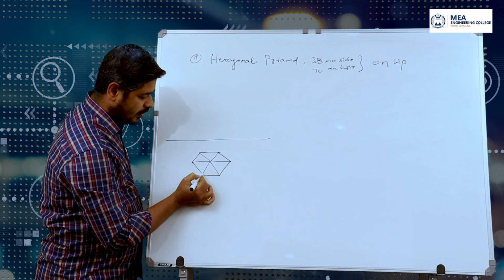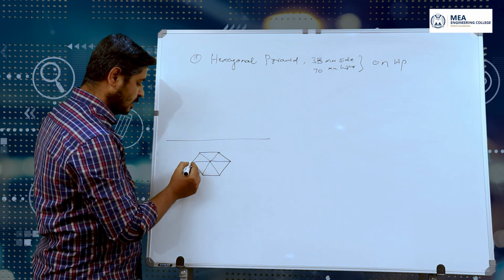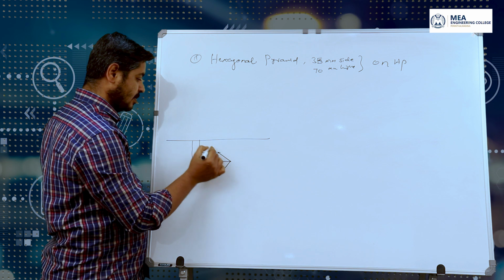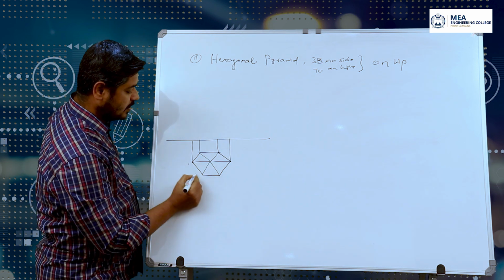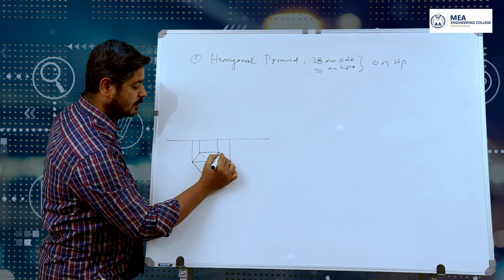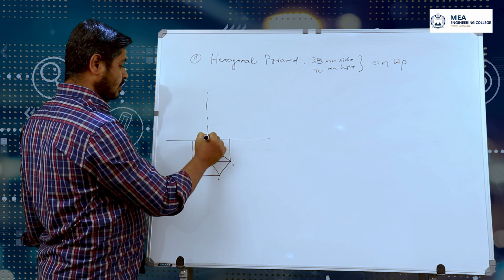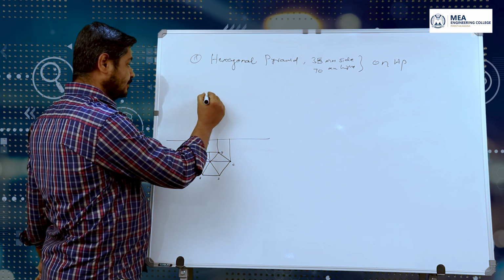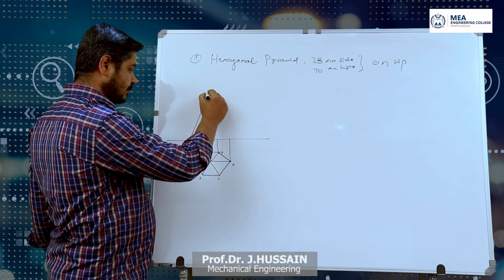Connect all the corner points with the apex point so as to indicate the edges. Now we can name them 1, 2, 3, 4, 5, 6. Then draw the center line, then complete the front view.